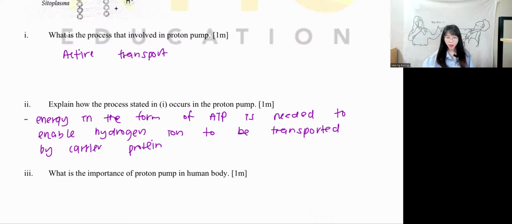They ask you to write the importance of the proton pump in the human body, right? The importance of the proton pump is to accumulate hydrogen ion to make your stomach more what? Correct, more acidic, very good. If your stomach is not acidic enough, food cannot be digested, which is protein cannot be digested.